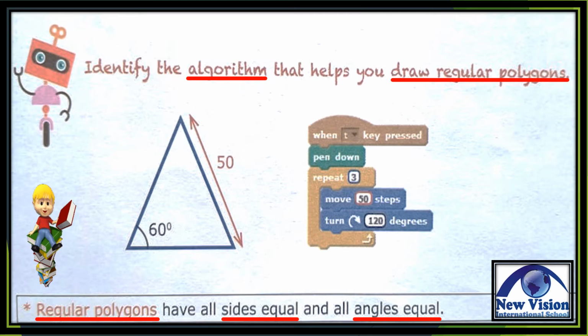First, we have the pen down. Next, we have the repeat times, which is repeated 3 times. And we also have the motion scripts. First, we have the move 50 steps. And finally, we have turn 120 degrees.